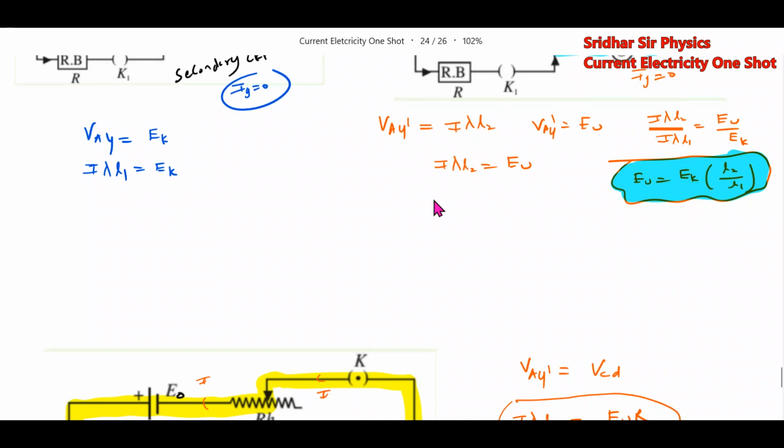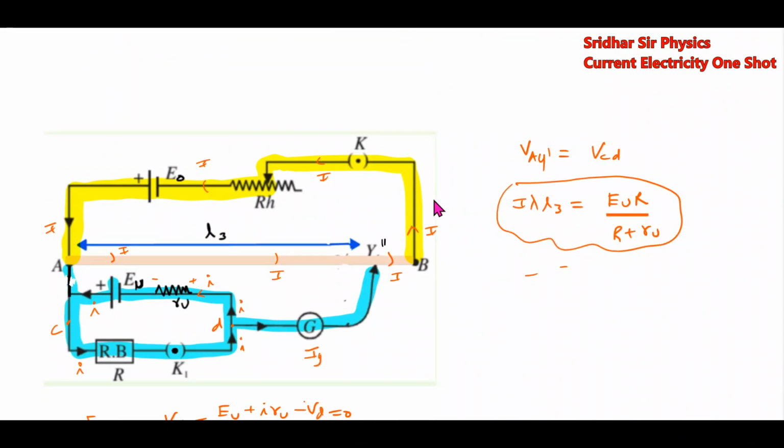What is the unknown EU equal to? I lambda L2. We'll write it here. Dividing these two equations, EU R by R plus RU, divided by EU, is equal to I lambda L3 by I lambda L2. We have to calculate this RU. So EU also cancels.